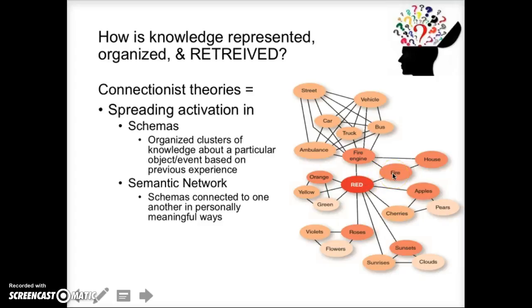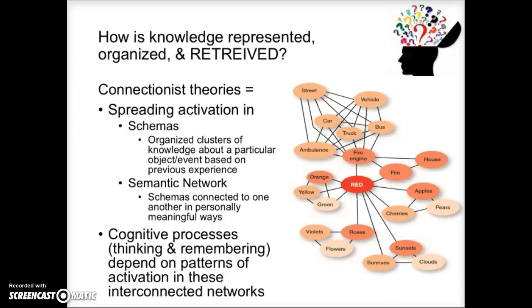But red is also a part of a greater semantic network, which is everything that red is connected to is also connected to other things. So when we retrieve a memory, when we think and remember, it's because of activation in these interconnected networks.